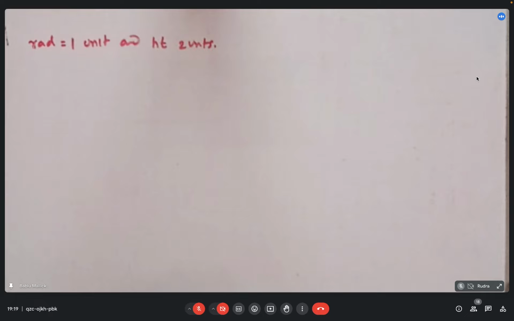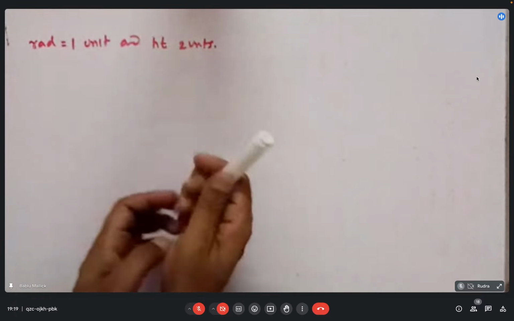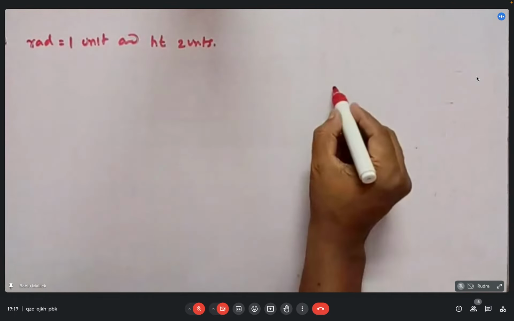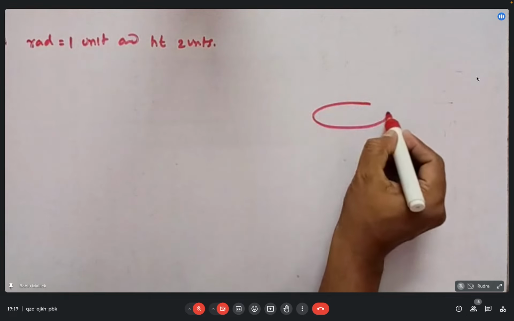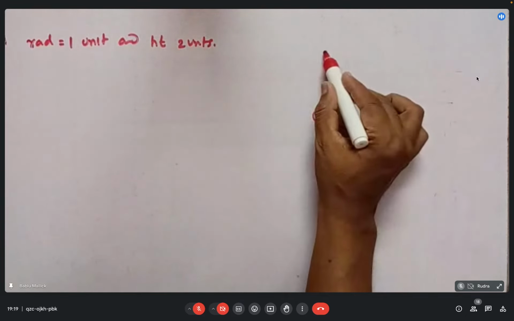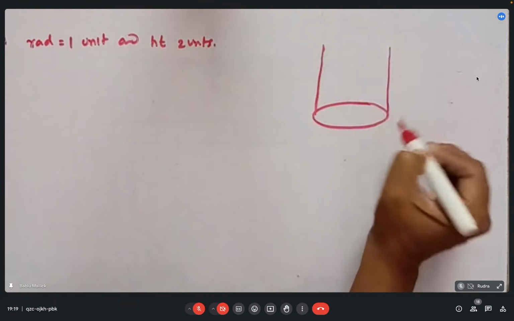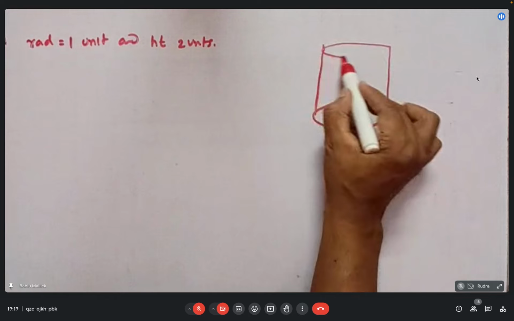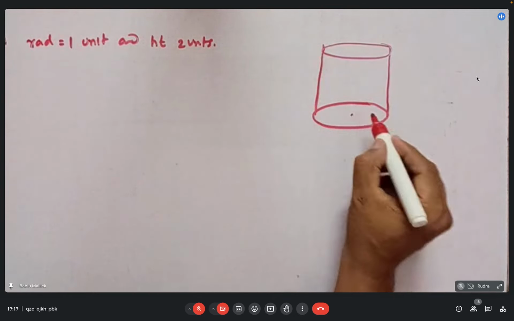Look here, we shall find the volume of this cylinder. Look at this board, it is the cylinder. Its radius is 1 unit.